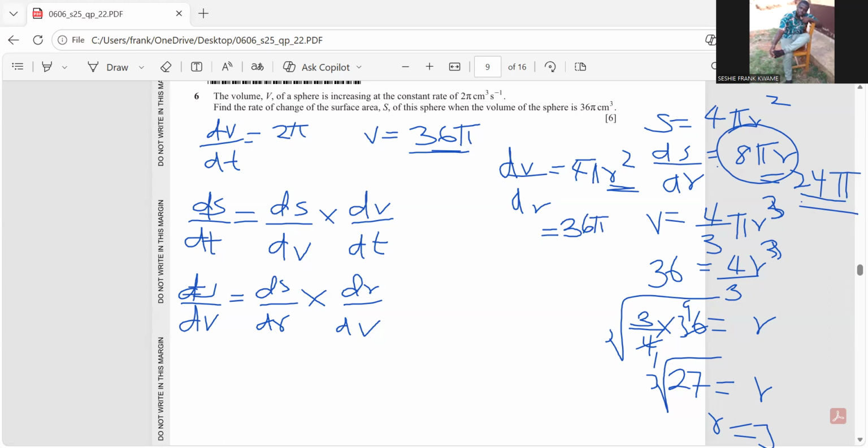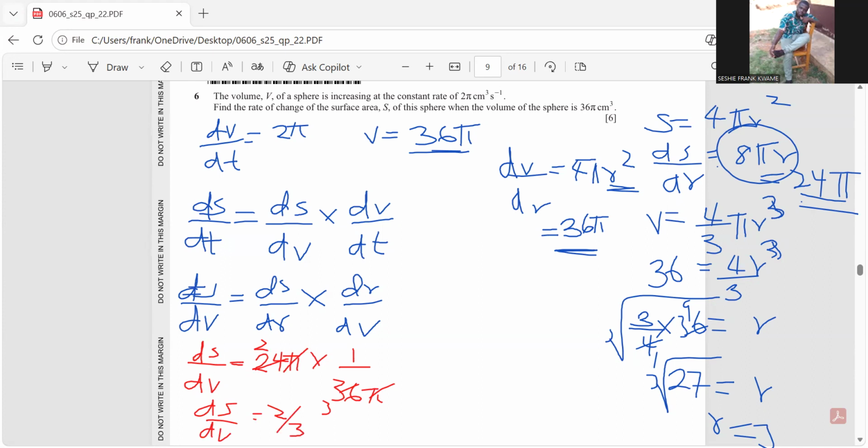So let's proceed. The dS/dV, and this is the reverse, dr/dV. So that's the reverse of this. The dS/dV should be dS/dr, which we had as 24 pi, times dr/dV, that's 1 over 36 pi. So pi goes off. 12 here 2, 12 here 3. So the dS/dV is 2 out of 3.